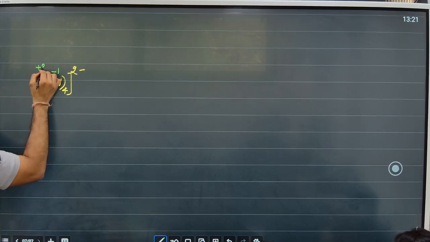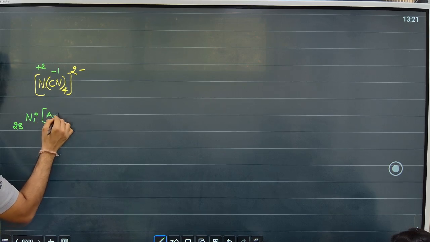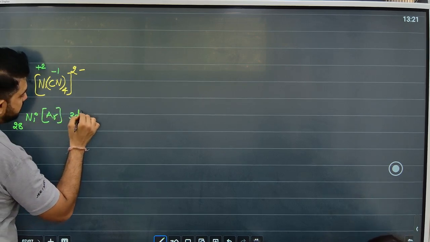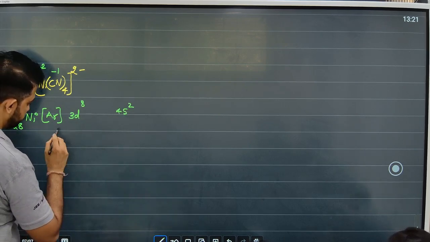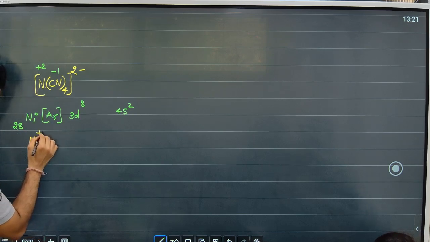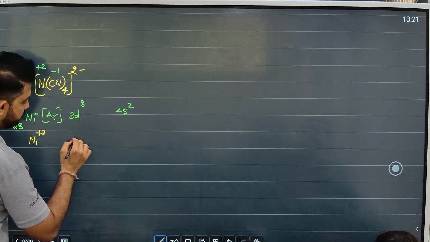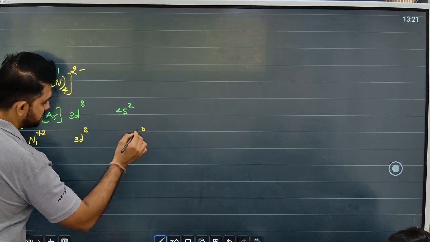Plus 2. Nickel, जल्दी जल्दी electronic configuration: 3d8 4s2. But we have Ni plus 2 over here, so what will the configuration become? 3d8 4s0.